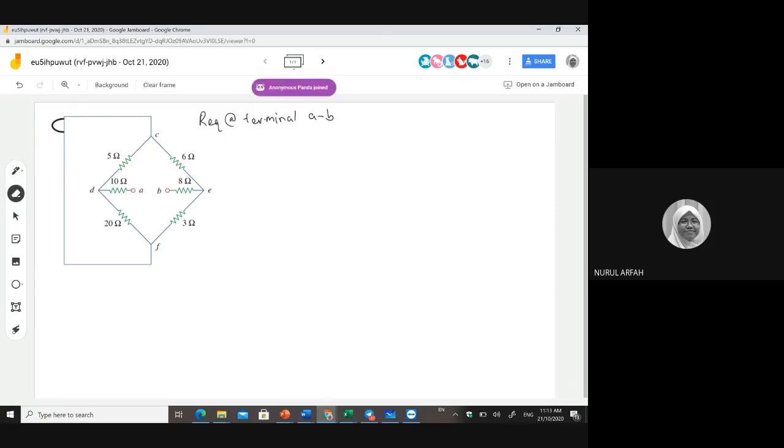I give you this whiteboard so that you can draw. You can rearrange this and then find series and parallel.